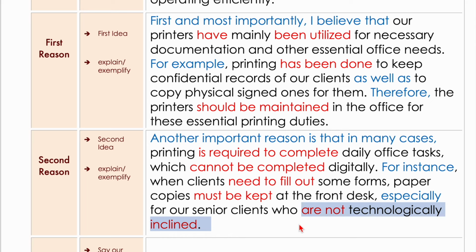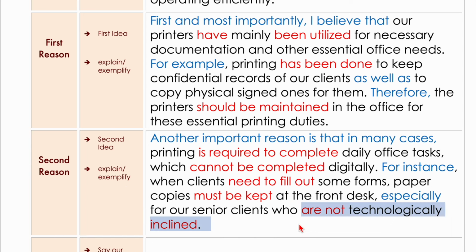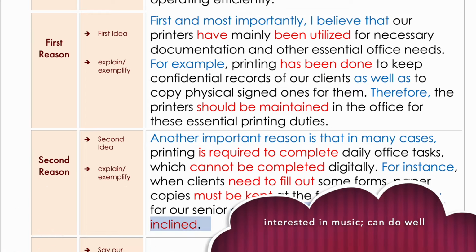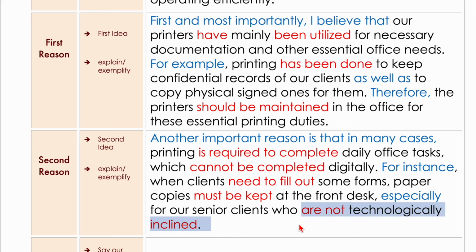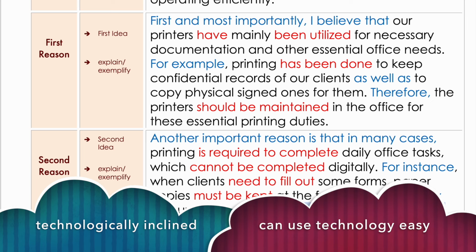For example, if I say I'm artistically inclined, means I'm interested in arts, okay? Or I can do arts well. I'm musically inclined. I'm interested in music and I can do musical things well. I'm technologically inclined. I can use technology easily and maybe I'm interested in doing things digitally.